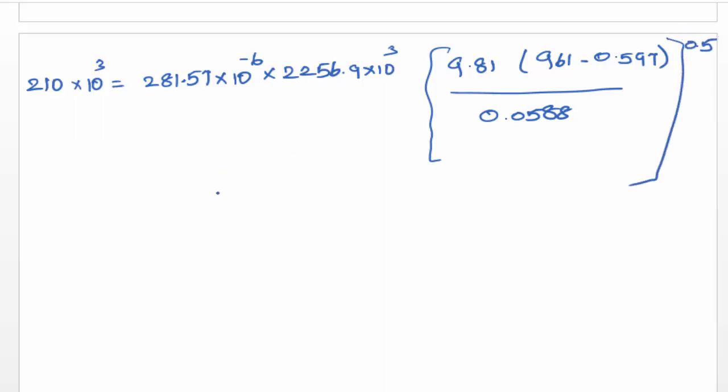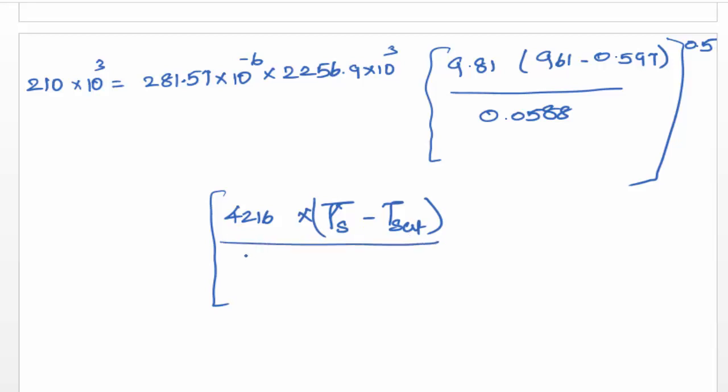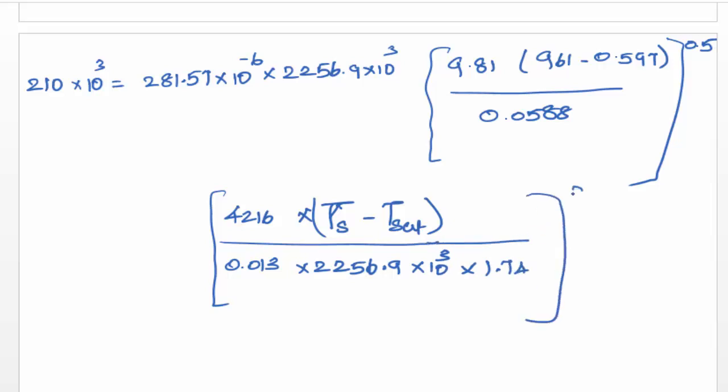Then the next bracket is 4216 into del T value, which is Ts minus T saturation of 100 degrees Celsius, divided by 0.013 into 2256.9 into 10 to the power 3 into 1.74, to the power cube.